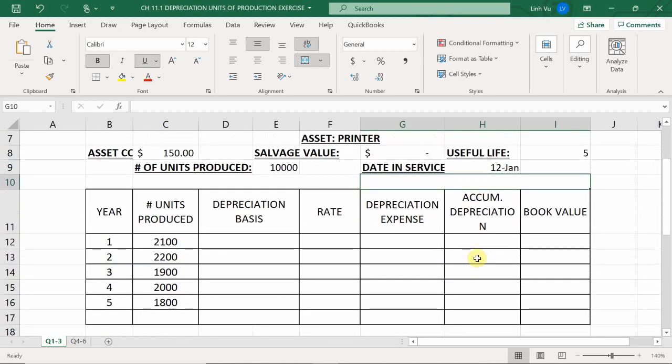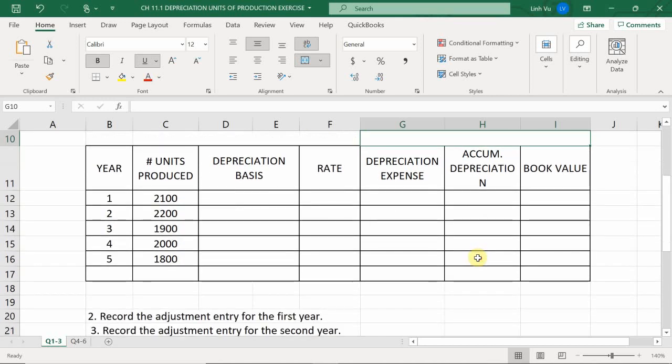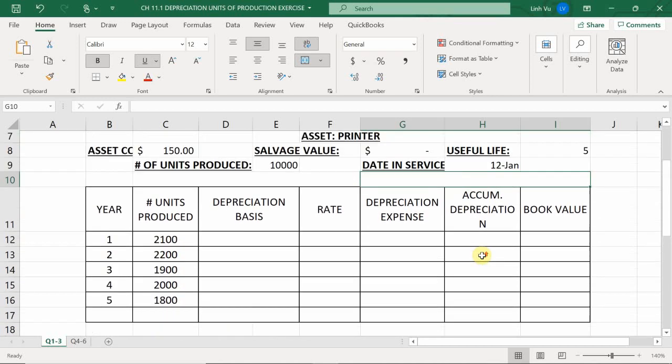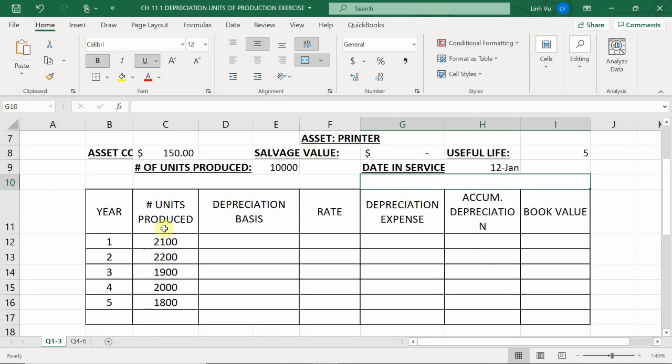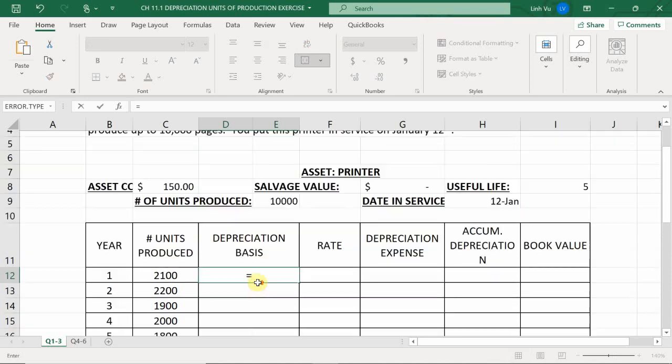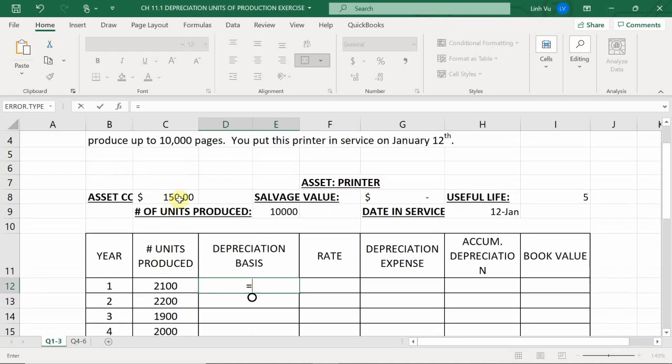So assuming that you do a depreciation at the end of the year, December 31st, here are the numbers of units that you could produce within those 5 years. The first one here, we have 2,100. So let's go ahead and determine the depreciation basis. What's my depreciation basis going to be? 150.